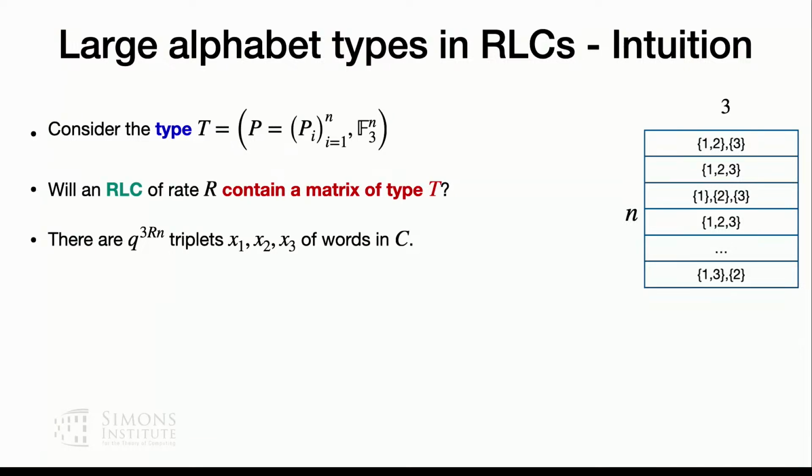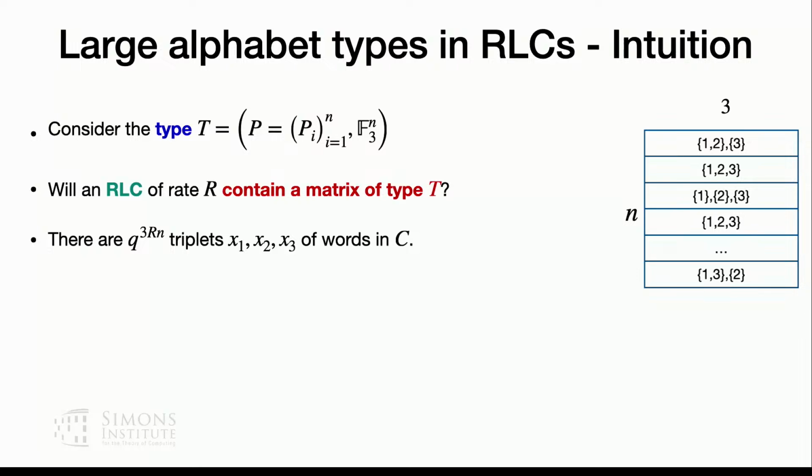First, the intuition is, how many candidates are there? There are q to the Rn codewords, so there are roughly q to the 3Rn triplets of codewords that are candidates here. Why do I say roughly? Because a small number of these triplets have some non-trivial relations between them.